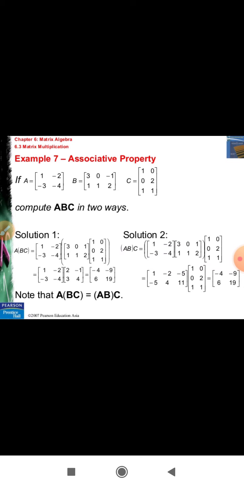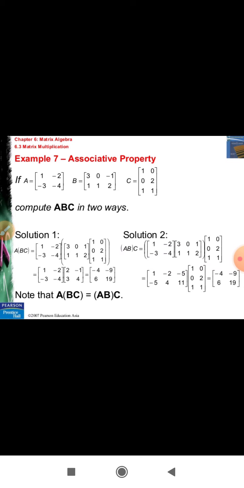Associative property. Three matrices are called associative if we compute A into B and then multiply by C, and again we compute A into B into C, and get both results equal. Then we can say matrix multiplication is associative.